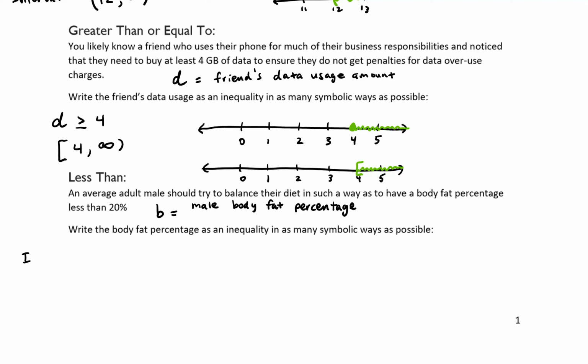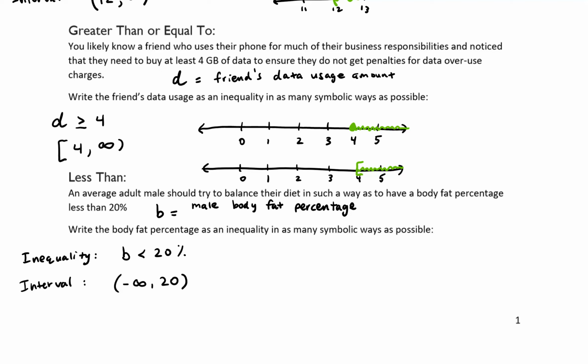So for inequality notation, we would say B is less than 20%. For interval notation, we'd have negative infinity to positive 20, and we would want a parenthesis around 20 because it's less than.